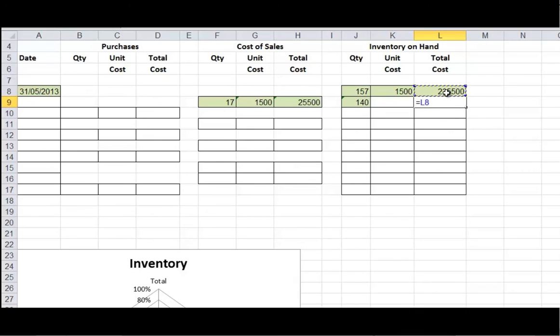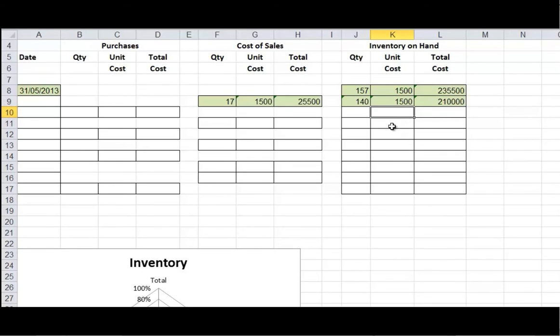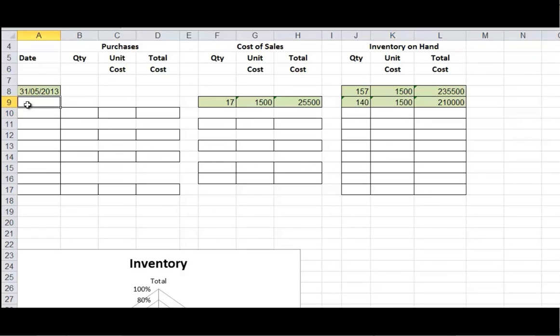We had $235,500 as the total cost of our inventory, and that has now fallen by $25,500, which will give us $210,000. If we divide the $210,000 by the 140 computers we have left, we see that our unit cost of inventory has not changed. Unit cost will only change when we add items of inventory, not when we take items out.